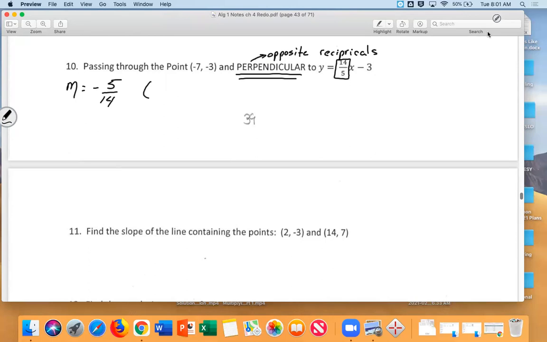So now we have the point -7, -3. I'm going to label it x1, y1, and then I'm going to plug it in. So I get y minus -3 equals -5/14 times x minus -7. Angela, what do I need to remember to do?